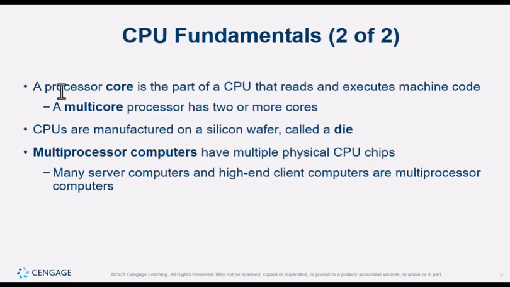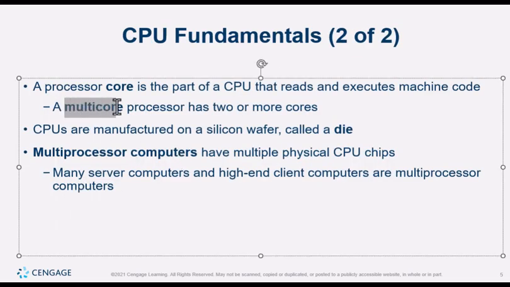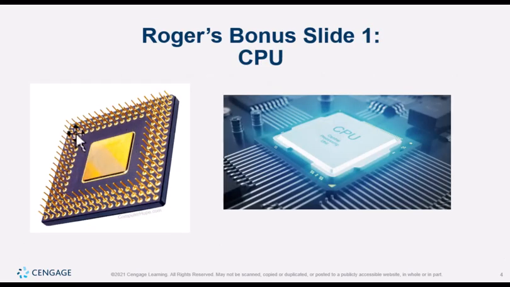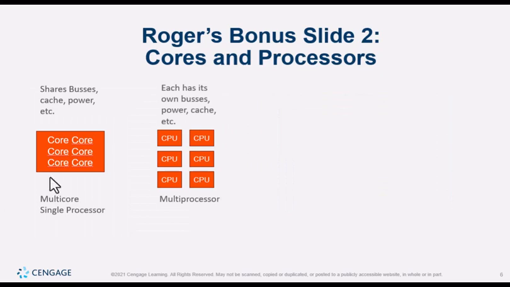All right, so we have multi-core processors, one processor with multiple cores, and we can also have multi-processor computers, that is to say multiple dies or multiple physical CPUs. Let's take a look at what that looks like so that we can understand why I'm making that distinction.